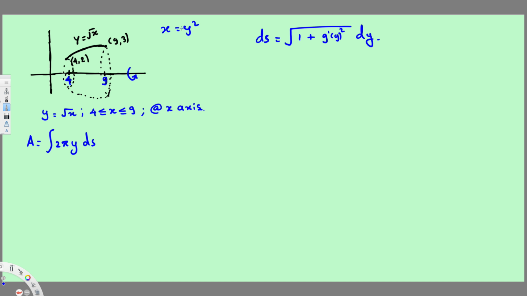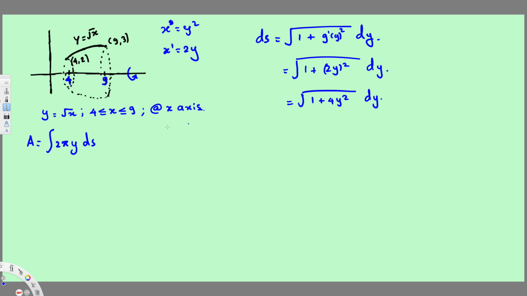Now we have to find x prime, that is the same as g prime of y. x prime is equal to 2y, and now we have to plug this in right here. So this is going to be square root of 1 plus (2y) squared dy, and that's going to give us 1 plus 4y squared dy.